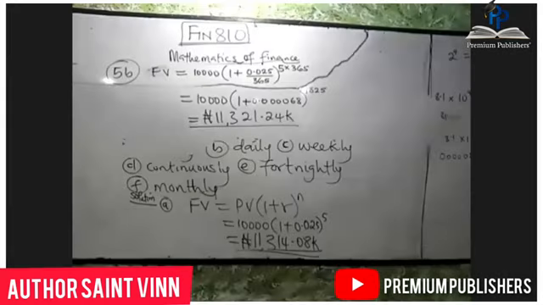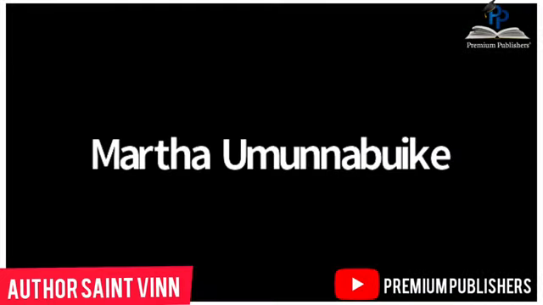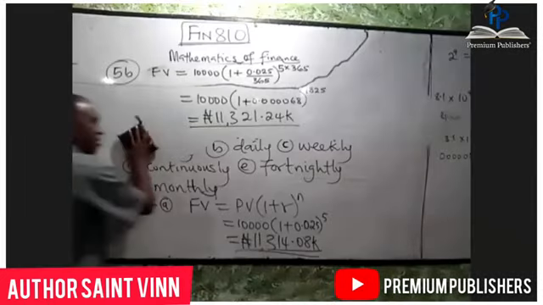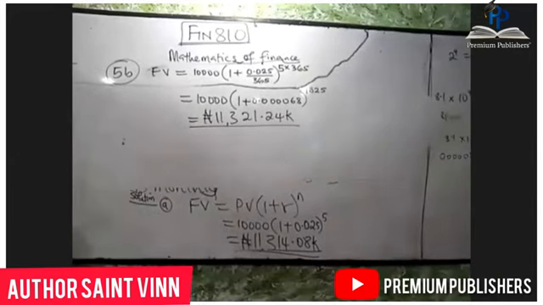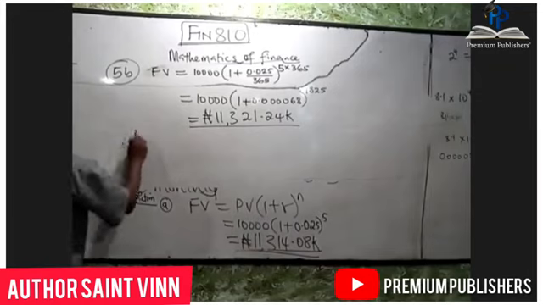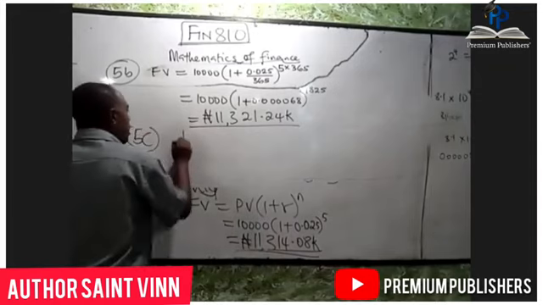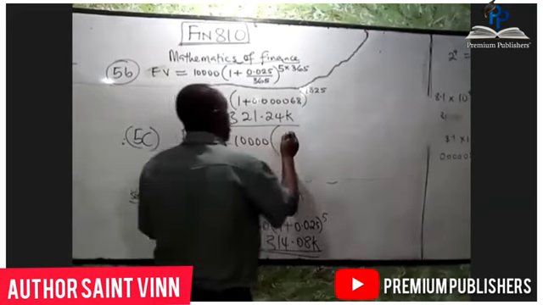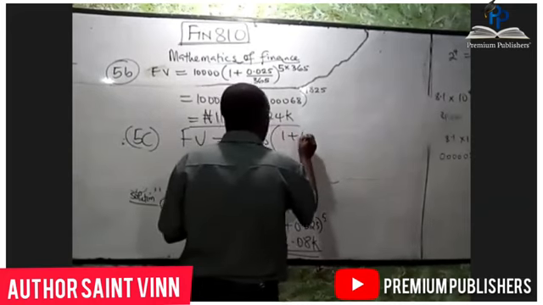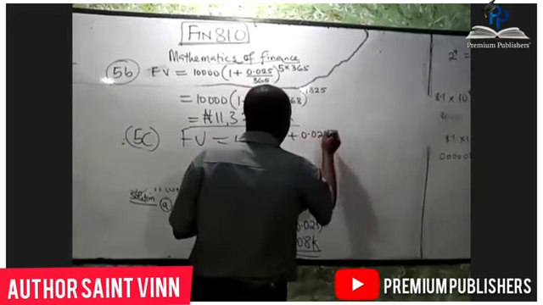We'll move on to weekly. It's the same thing. There's no difference. That should be 5C, weekly. It's going to be 10,000. Our interest rate doesn't change. It's 0.025.